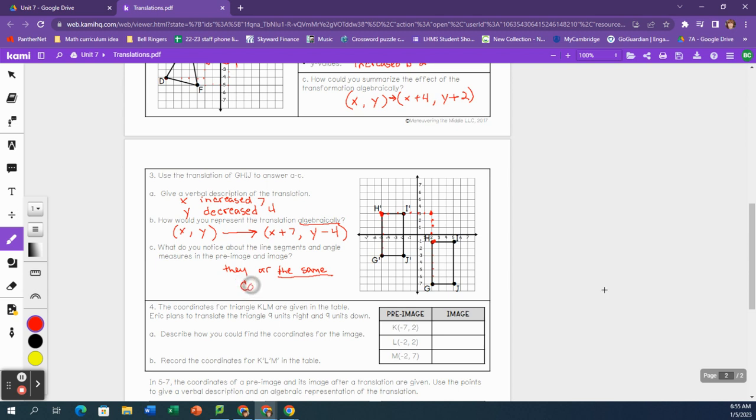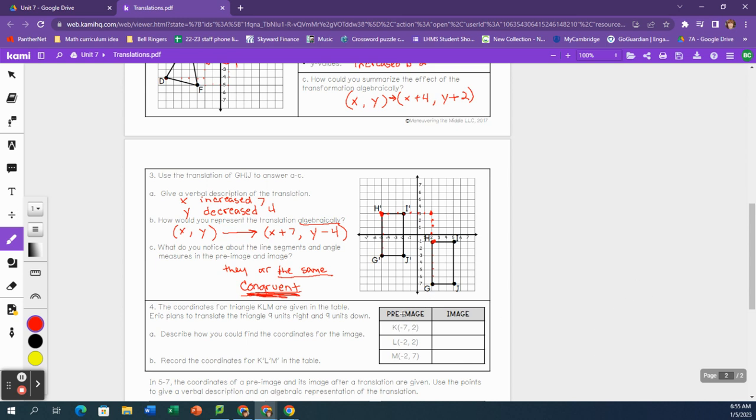It's congruent. Congruent. Okay? That's that academic vocabulary that you should use. So our shapes stayed the same size and the angles are the exact same. They are congruent. The transformation we use is translation. Now, later on, we'll learn about dilation, and it could get bigger or it could get smaller.